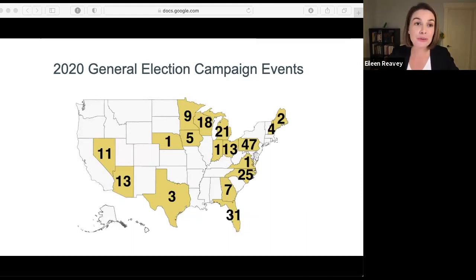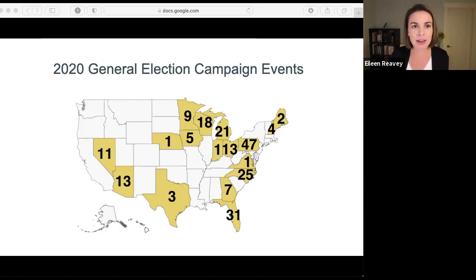Ultimately, the 2 biggest battleground states this year were Florida and Pennsylvania, which between the 2 of them were the recipient of 37% of all general election campaign visits. So battleground states have this outsized power because they're attracting all the attention during the general election.